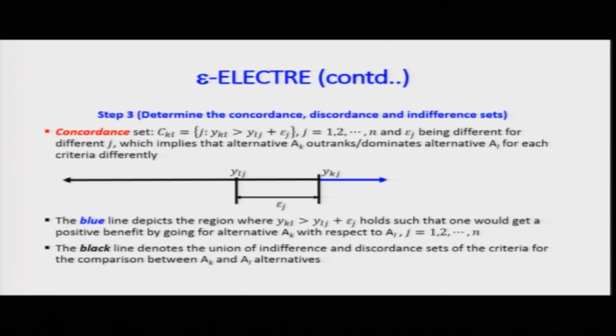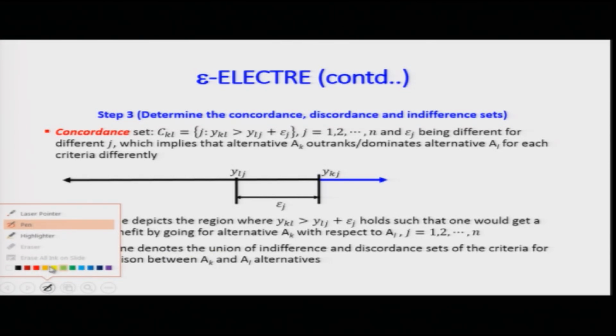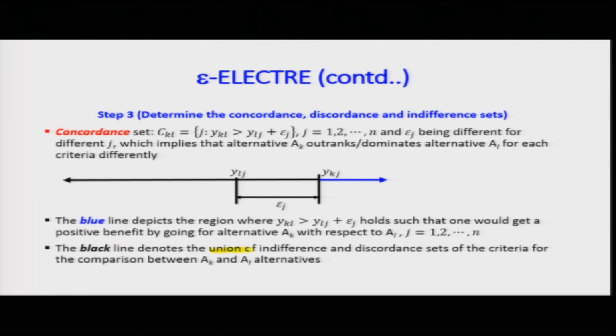The black line now on the left is the combination of the discordance and the indifference set. So, the black line denotes the union, this is what was important. It gives the union of the indifference and discordance sets of the criteria for the comparison between A k and A l for any of the j criteria.